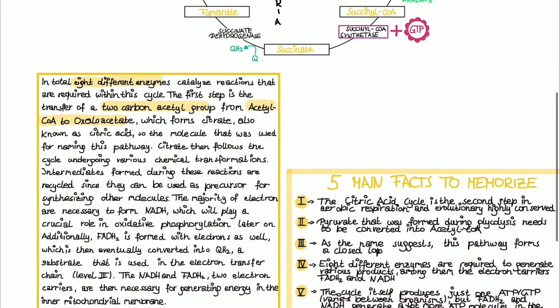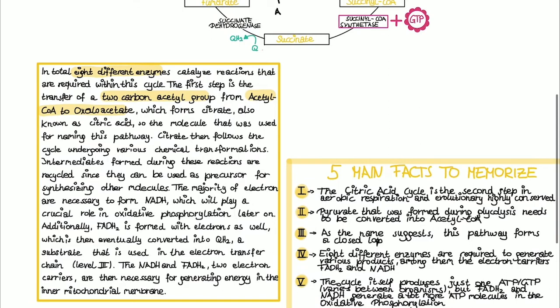This citric acid then basically follows the cycle where it undergoes various chemical transformations. We're not going to talk about them in detail, but you see it here. The intermediates that are formed during this process are also useful because they are used as precursors for synthesizing other molecules.